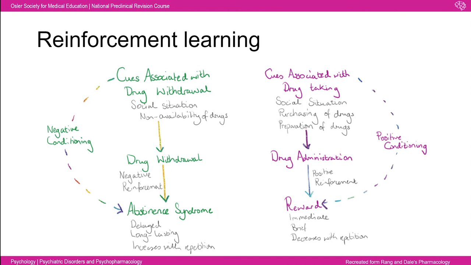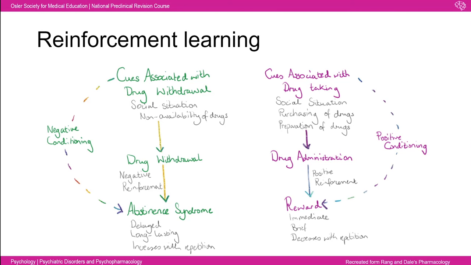Overall, this pattern of going from cues to reward leads to positive conditioning, where you associate that cue with the reward. That might be a social situation, which could be very damaging. You being at a party, over-consuming alcohol and binge drinking, you associate that with the reward of feeling drunk.